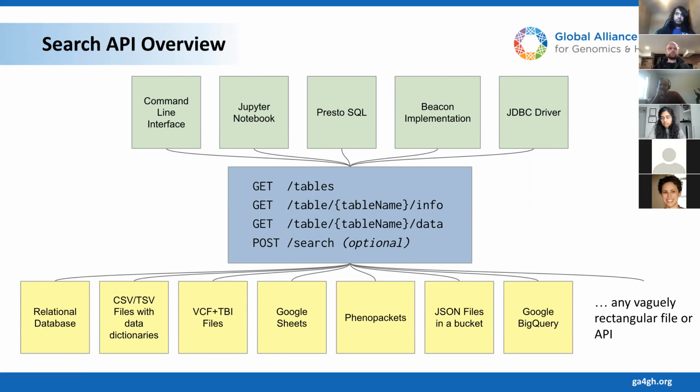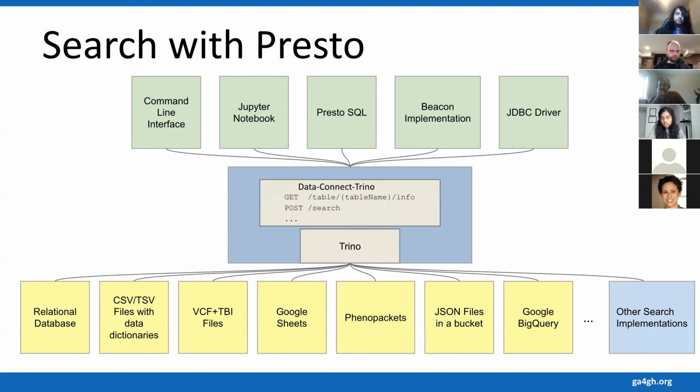So the implementation of DataConnect we're going to talk about today is DNA Stack's reference implementation. It's called DataConnect Trino because it's built on top of Trino, which is a distributed query engine, which is intended to allow you to use one query language, which is SQL, to query many disparate data sources, whether that's like a Postgres instance or BigQuery or Google Sheets or just a file in a bucket.